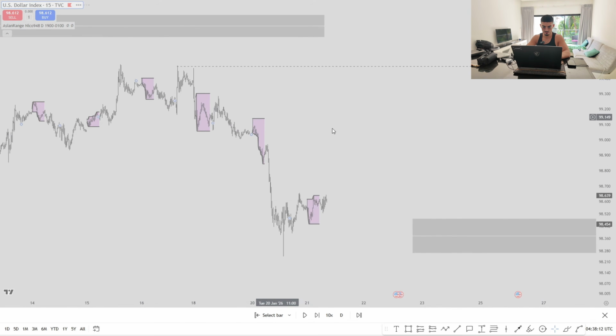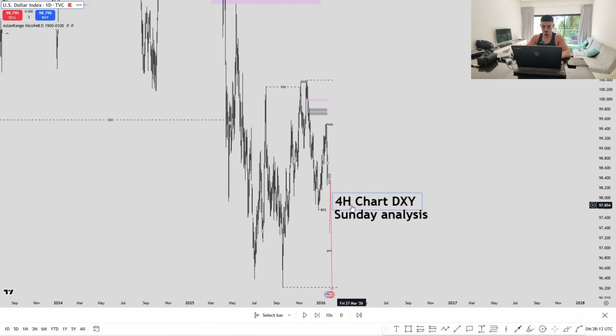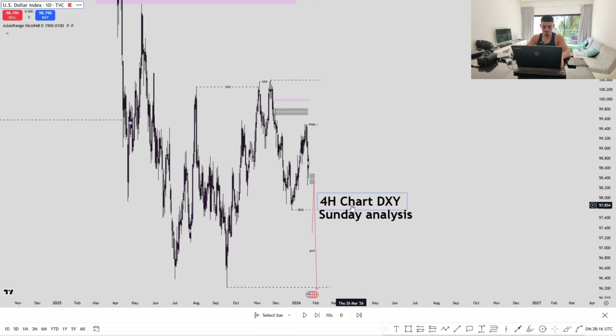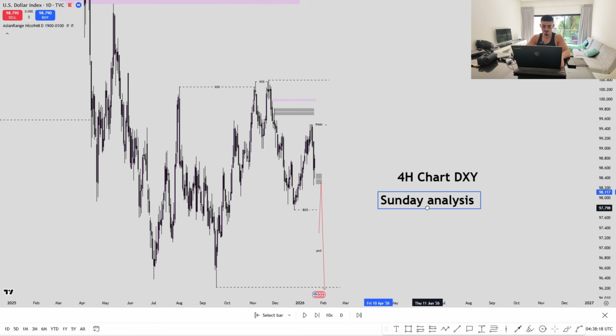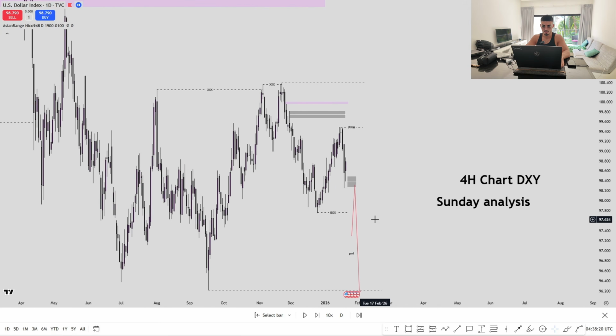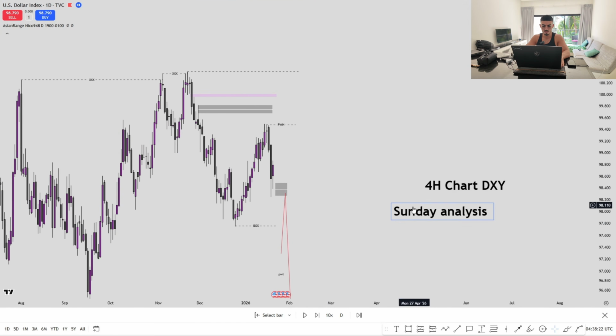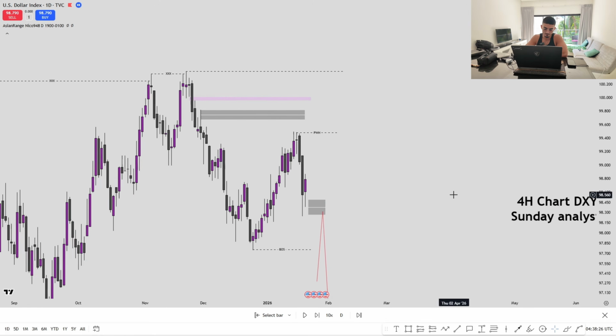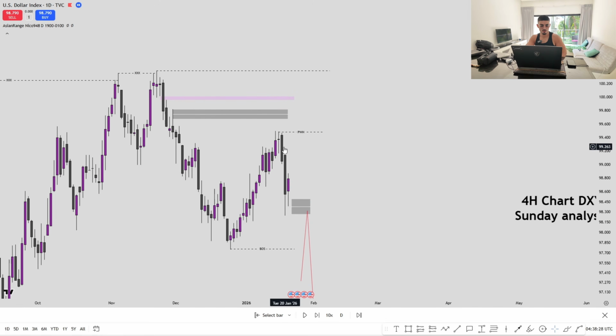And as you can see here on the daily time frame, let me just ignore this analysis, guys. This is from this Sunday, where I gave my community some more analysis going into next week. But as you can see, there was a lot of selling pressure coming in on DXY, clearly making price want to go lower.